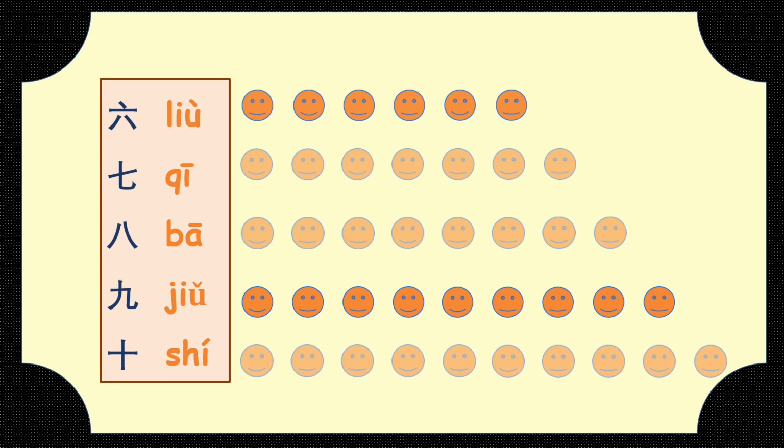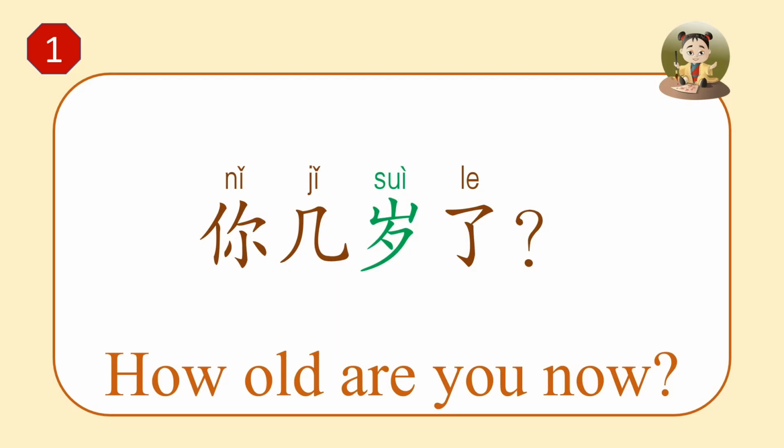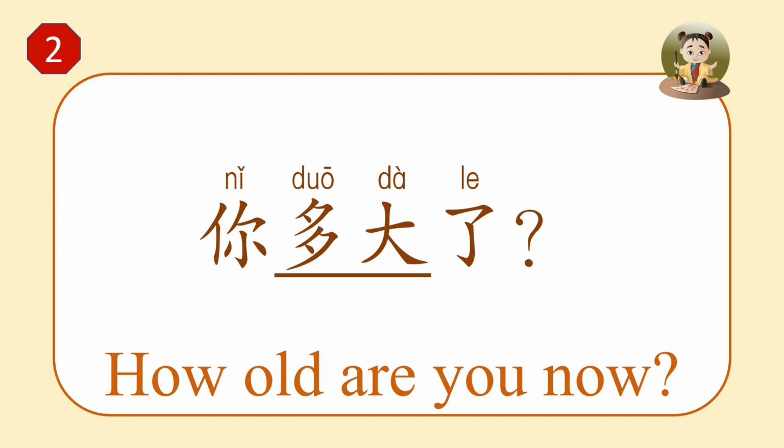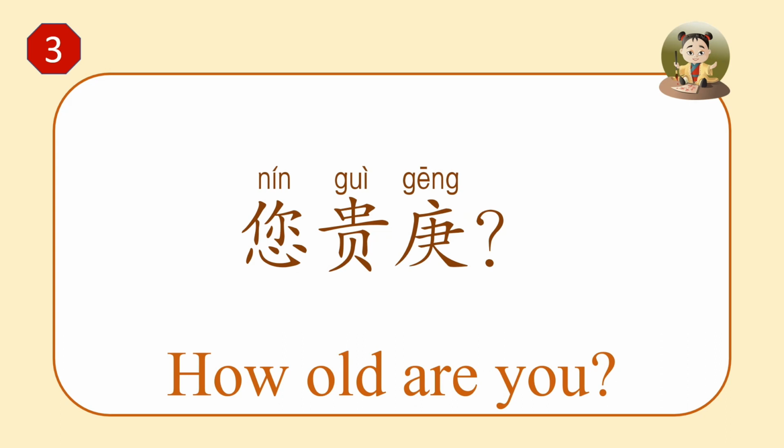Next are the sentences to ask for age. 你几岁了? How old are you now? 你多大了? How old are you now? 您贵庚? How old are you?